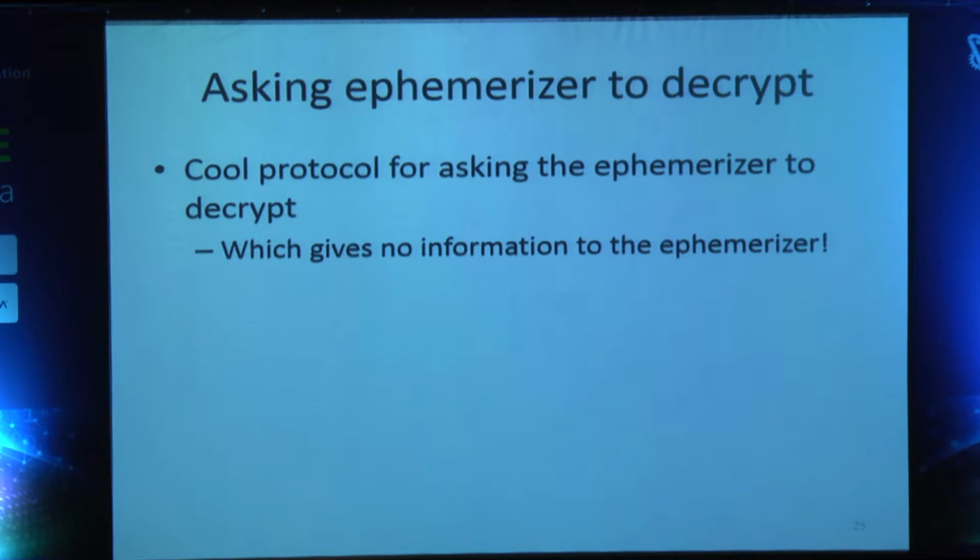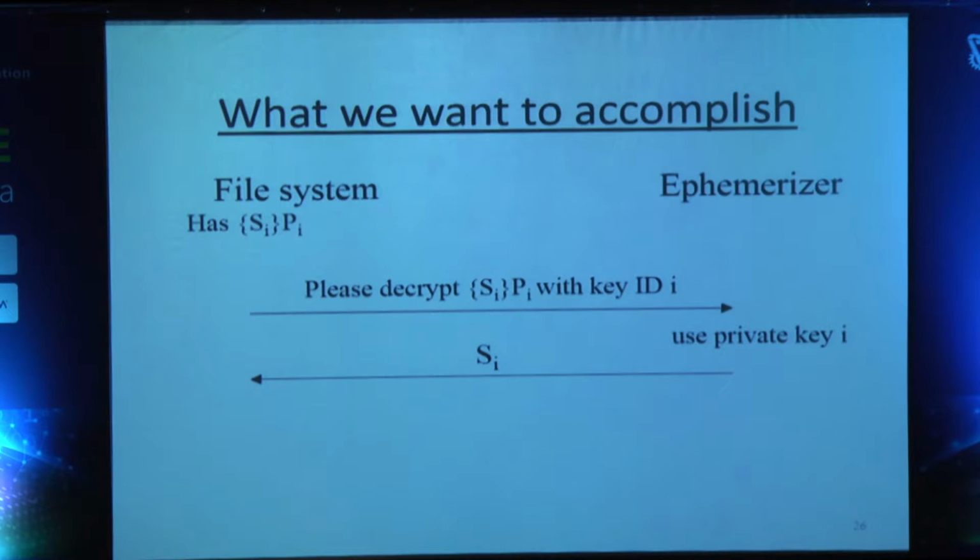Now, here's another piece that I think is kind of cool, which is the protocol for asking an ephemerizer to unlock its private key. It's fairly straightforward. This is what we want to accomplish. The file system has some master key, S sub I, encrypted with the ephemerizer's public key, P sub I. And what you want to do is send that encrypted bundle to the ephemerizer and say, please decrypt this with your key number I. And so he applies his private key.